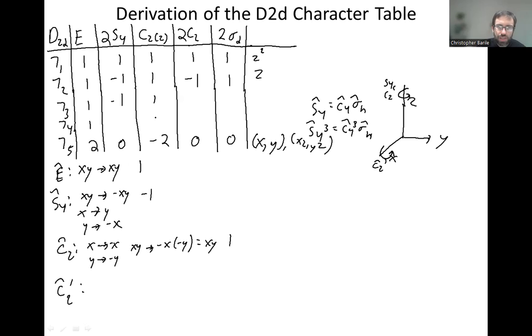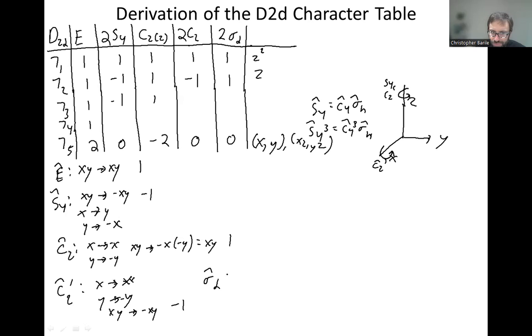C2 prime. Well, if we define it as a C2, x is going to stay as x, and y is going to go to -y. So xy goes to -y times x, which is -xy. That's going to be a -1. Sigma d.